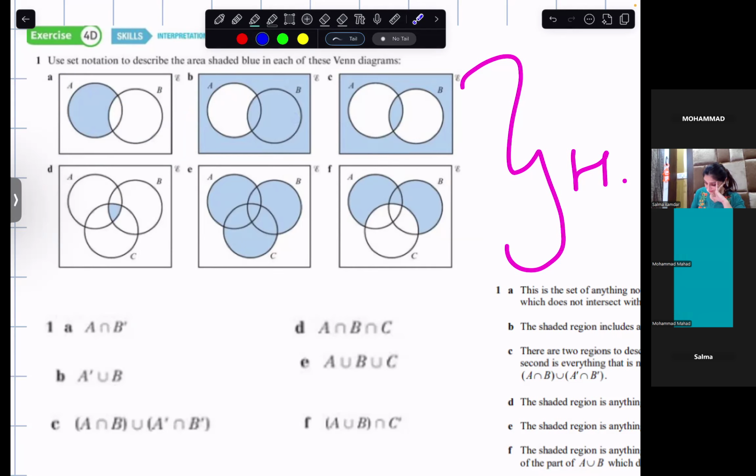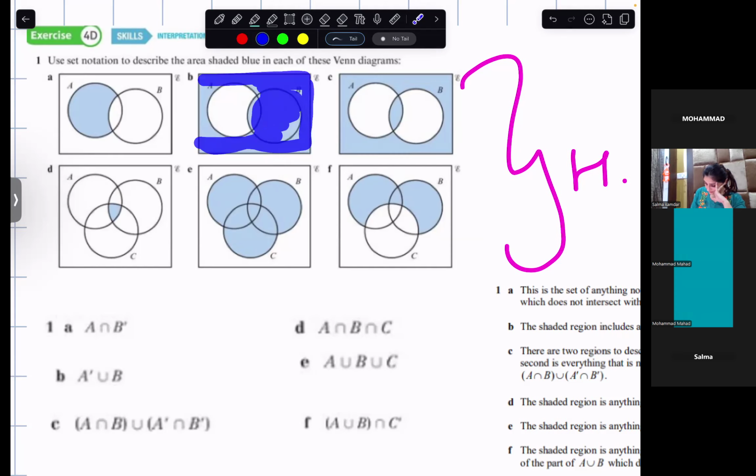How do you define this B part? B part would be A not union B. How? Since it includes everything which is not in A. But then there's B, so we shade the B part.